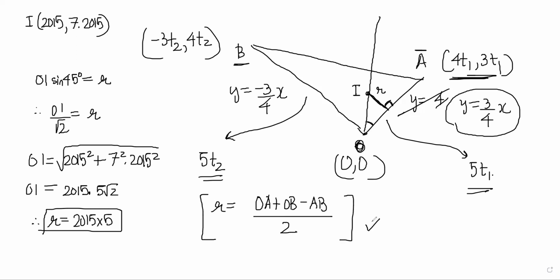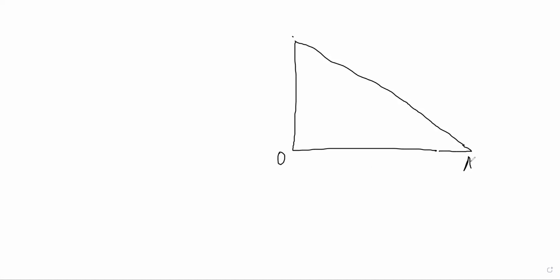How do we get this result? R should be equal to this. So let's think about this. This is a simple geometrical result. Let's take a right angle triangle. Let's say this is O, A, and B. And I want to draw an incenter. So let's make an I here somewhere.